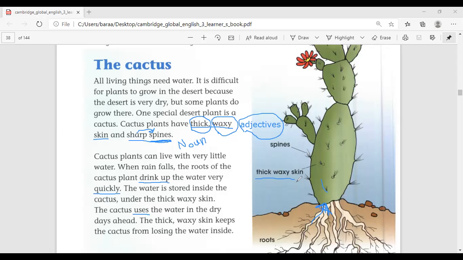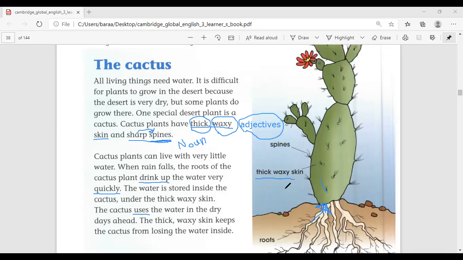The function of the thick waxy skin is to store water and use it in the dry days. The thick waxy skin also keeps the cactus from losing water, and the roots drink up the water quickly.